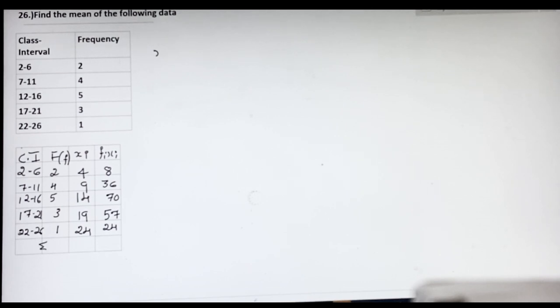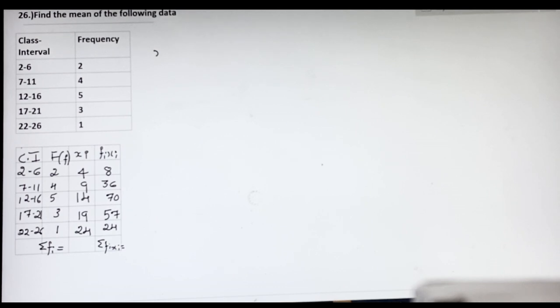Okay, so now how do we find the n value, or sigma of fi? To find the mean value, we need to know the value of sigma of fi and sigma of fi into xi. So to get the value, we need to add the values of fi and the values of fi xi.